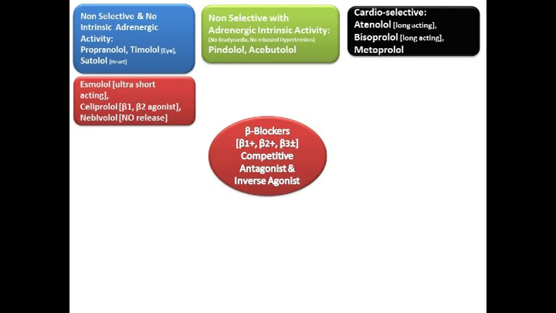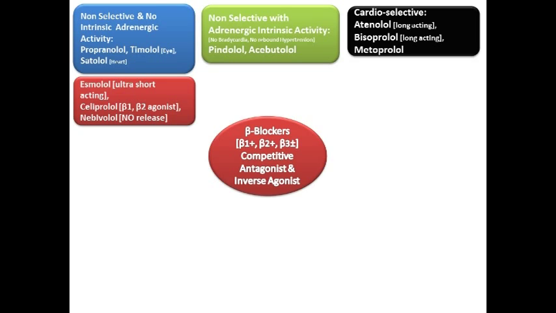Being a beta 2 agonist, it helps to maintain the dilatation of the smooth muscles, so it is of help in management of patients who have cardiac problems along with COPD or any respiratory condition where you don't want to interfere with the dilatation of the tracheobronchial tree. So something which is good for the tracheobronchial tree but still is a cardioselective blocker.